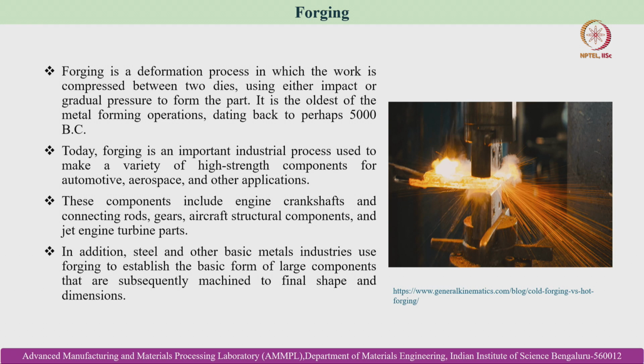These components include engine crankshafts and connecting rods, gears, aircraft structural components and jet engine turbine parts, etc. In addition, steel and other basic metals industries use forging to establish the basic form of large components that are subsequently machined to final shape and dimensions.